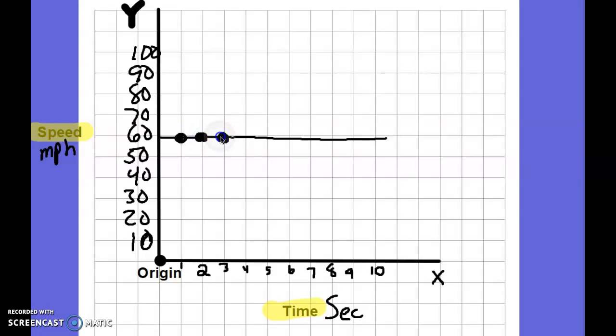And as you notice on this graph, every time we check the speed of this car, it is going 60 miles an hour. Now, it is very tempting when you see this graph to say that this is an object at rest. However, is it possible for an object to be at rest if it is going 60 miles per hour? The answer to that is no.